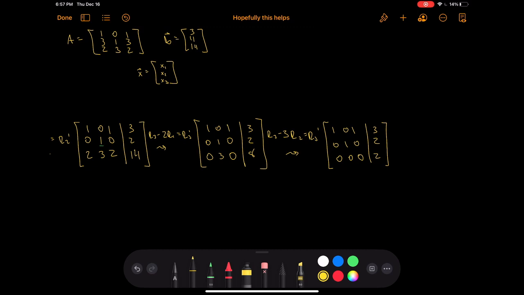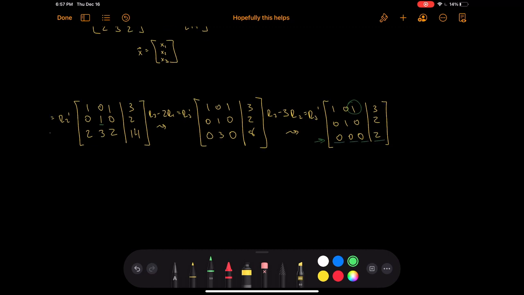This is our row reduced echelon form. We can see here where we have 1, 1, but we can't eliminate it. However, in the third row, we can see that we have 0, 0 and then 2. So if we put this back into our regular system of equations, we get x1 plus x3 is equal to 3.